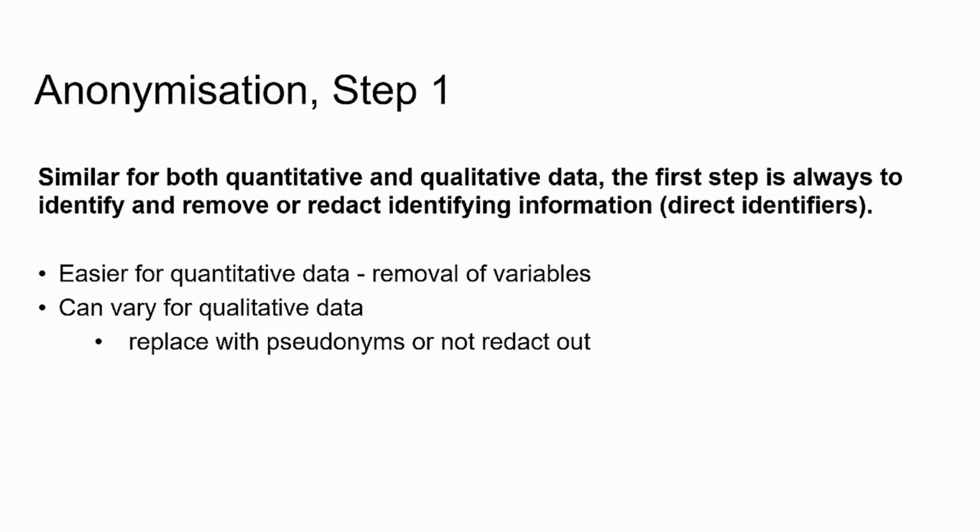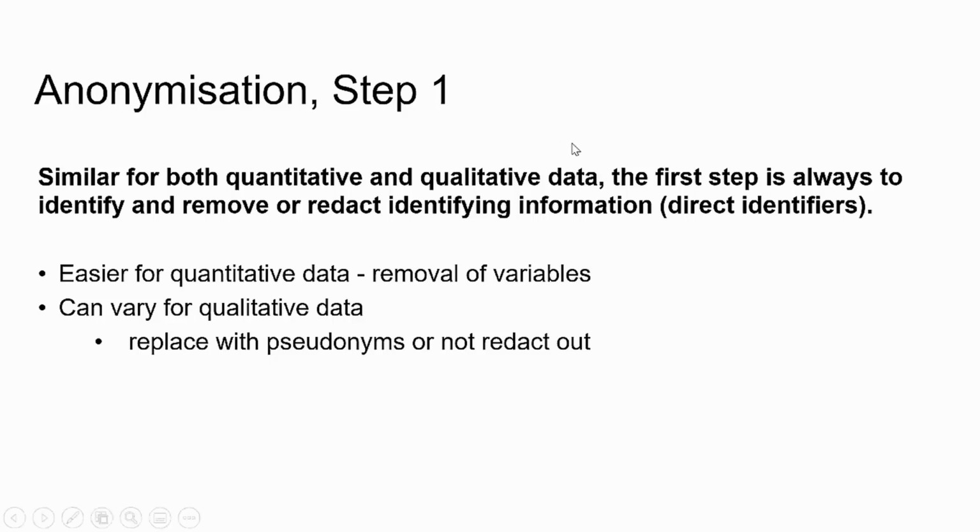That occupation might be a key component of their identity, which helps to explain further information about the interview that was done or the piece of writing they've done. So sometimes with qualitative data you're either trying to replace it with something similar but less disclosive, or you may choose not to take that out at all for various reasons. So even identifying direct identifiers with qualitative data can be a little bit tricky sometimes.